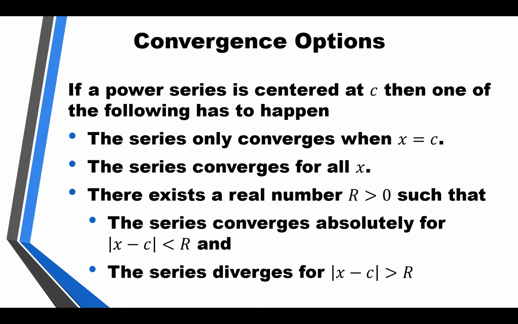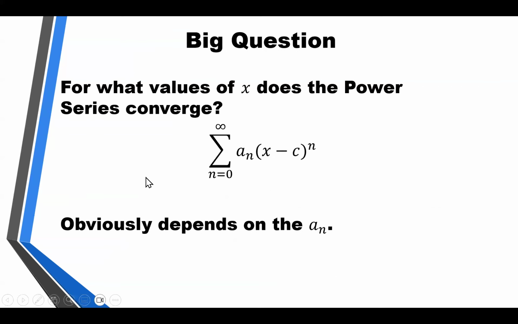Let's have a power series be centered at c. Then one of the following things has got to happen. Option one is that the power series only converges when x is equal to c. Now, think about what that means here. If I plug in a c for x, c minus c becomes 0.